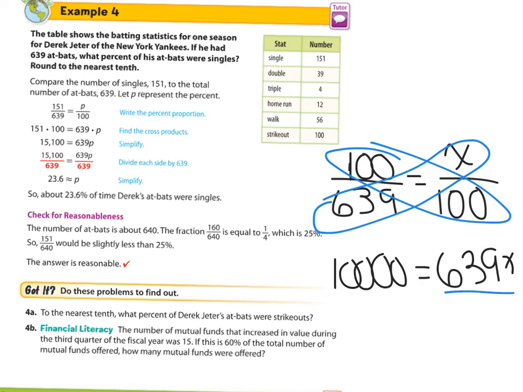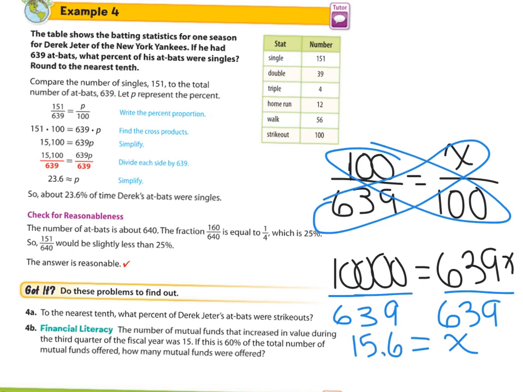Now we have to isolate our x, so we will use division property of equality on both sides, and that will give us our value of x. We get 15.6. 15.6 is the percentage that Derek Jeter struck out. He struck out 15.6% of the time.